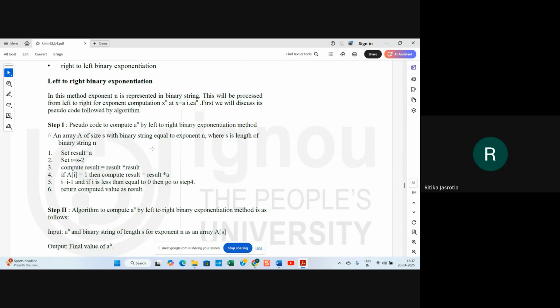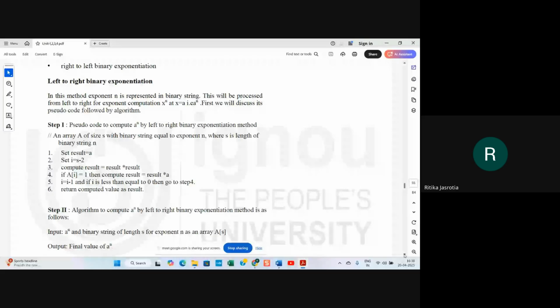Set result equal to A, set i equal to S minus 2. Compute result equals result into result. If A[i] is equal to 1, then compute result equals result into A. Set i equal to i minus 1, and if i is greater than or equal to 0, then go to step 4.